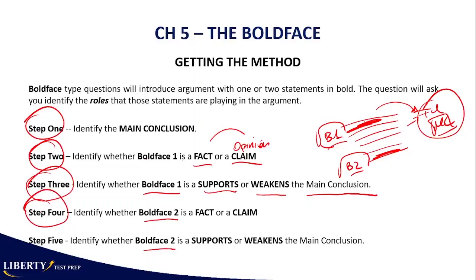In step number 4, you identify whether bold number 2 is a fact or a claim. And in step number 5, you identify whether bold number 2 supports or weakens the main conclusion. Once you have that information, you are ready to eliminate several answer choices in order to get your answer.